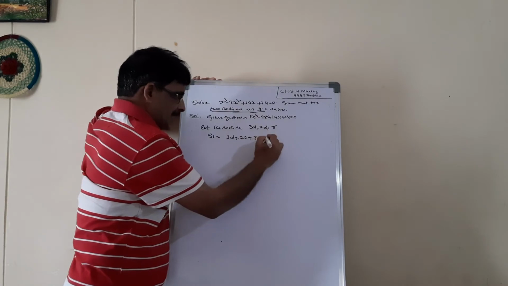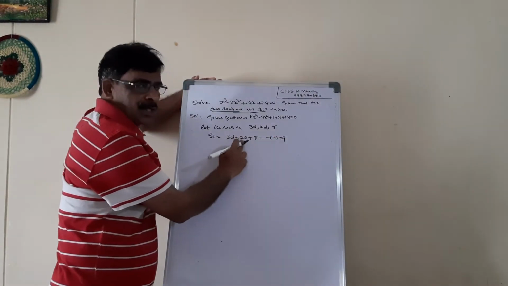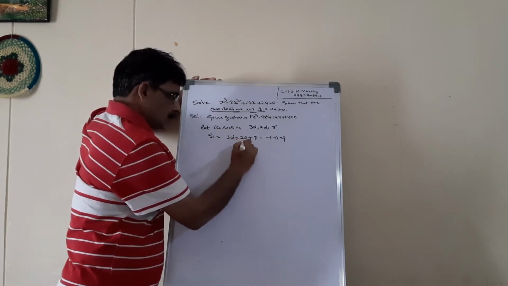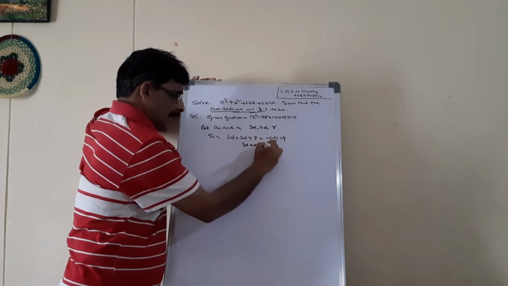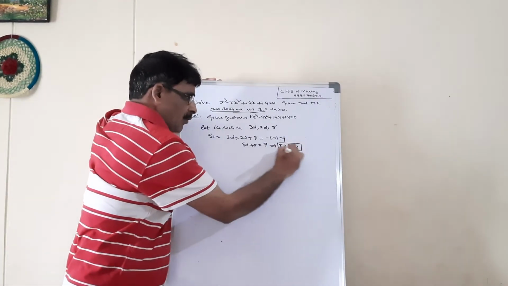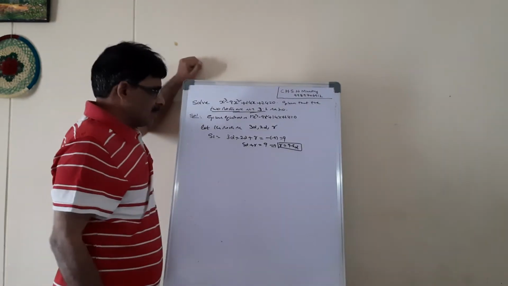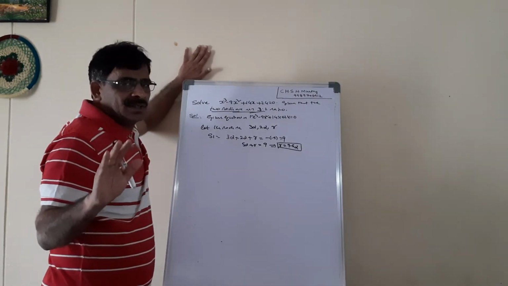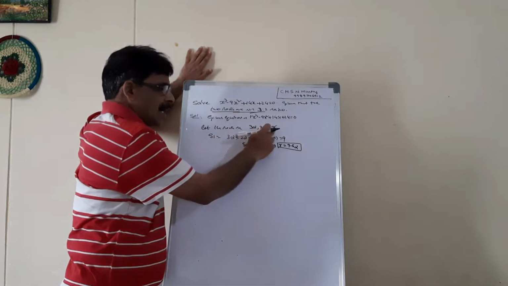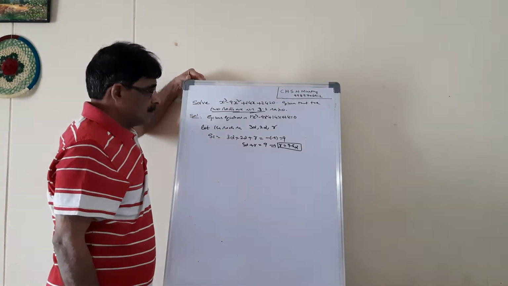See here, minus of minus 9, which is equal to 9. 3 alpha plus 2 alpha, you add, 5 alpha plus gamma equal to 9, or gamma equal to 9 minus 5 alpha. Okay, you keep it aside. Now we have to find the three roots: 3 alpha, 2 alpha, gamma. See, is there any other information in this problem? Yes.